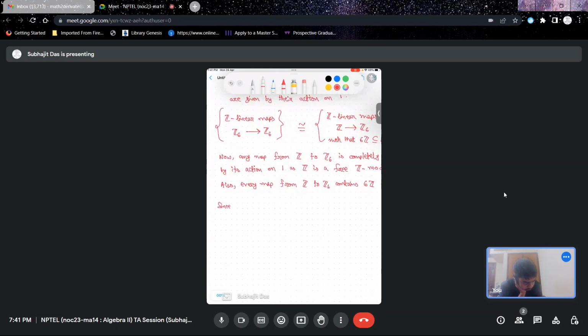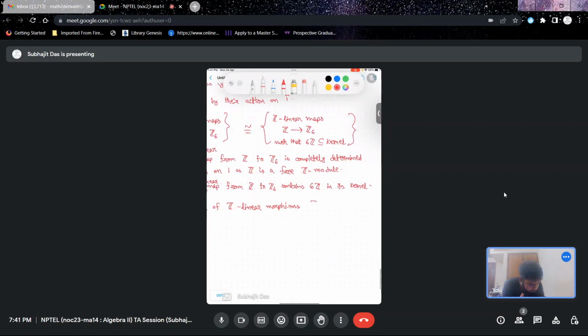Since every Z linear map, I should mention this, every Z linear map, the number of Z linear morphisms, that is maps or arrows, from Z to Z6 is 6, precisely because Z6 has 6 elements.